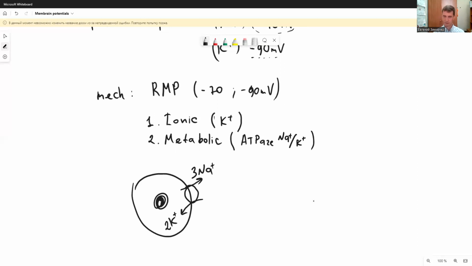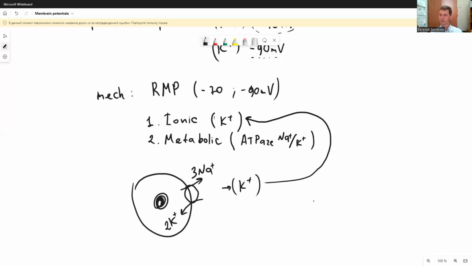Most important is what is created by the sodium-potassium pump. It is the concentration gradient for K plus, which will make the condition for the ionic mechanism. As we remember, the ionic mechanism is based on the outward current of K plus. This current is impossible without the presence of a concentration gradient for K plus.